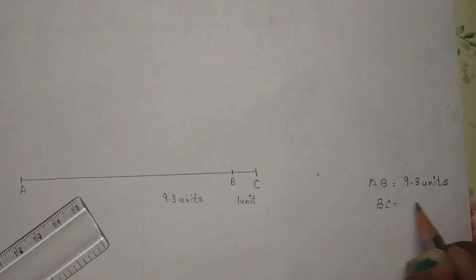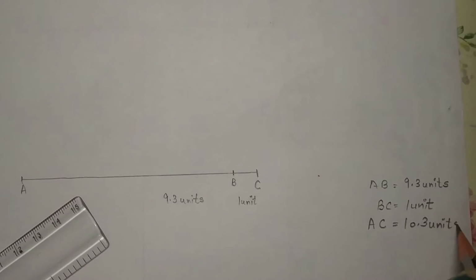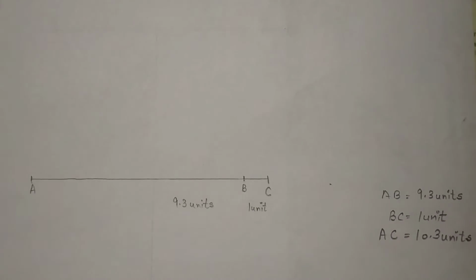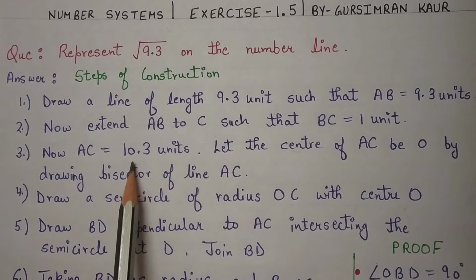BC is equal to 1 unit. Now the whole line AC is of 10.3 units.